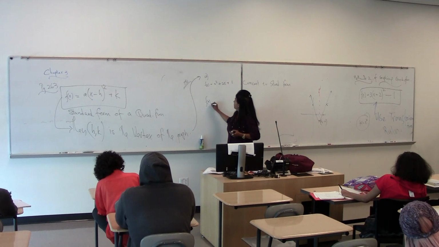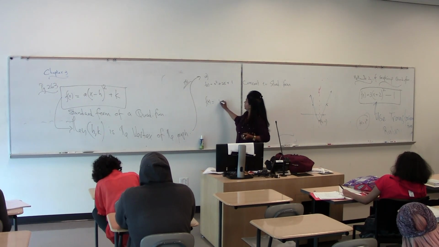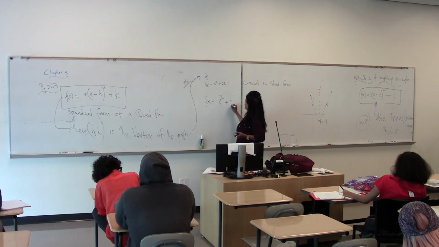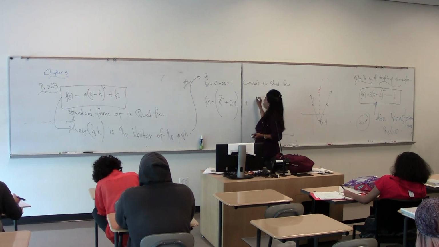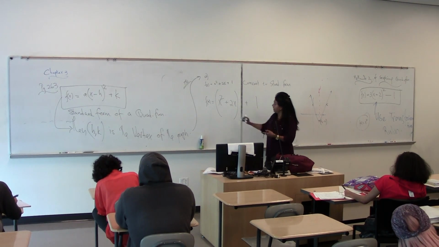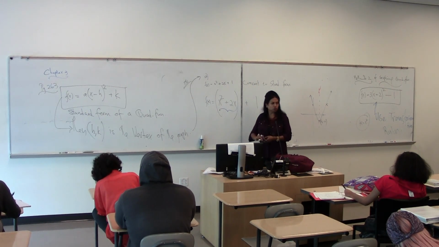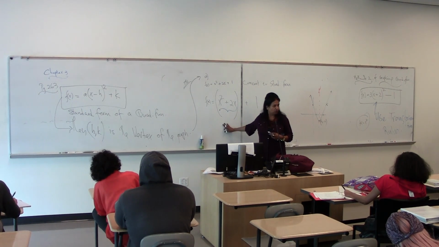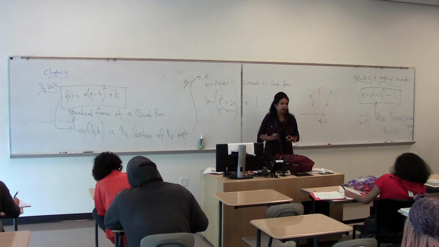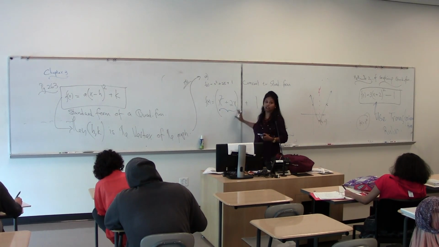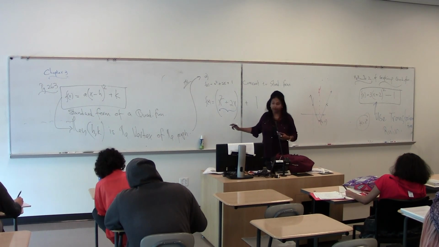f of x. This is how you do this. x squared plus 2x, we keep this separate, plus 1 separate. And then you need to complete the square here. Remember the completing the square part? You guys need to review completing the square.